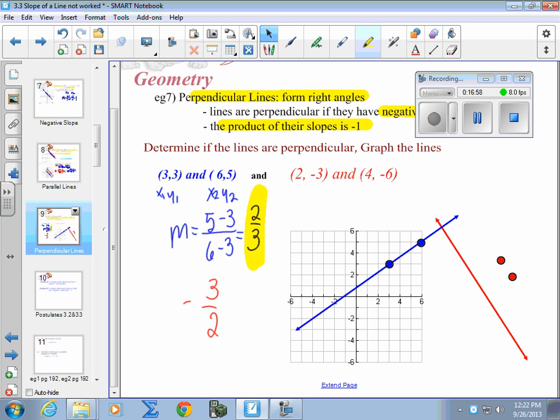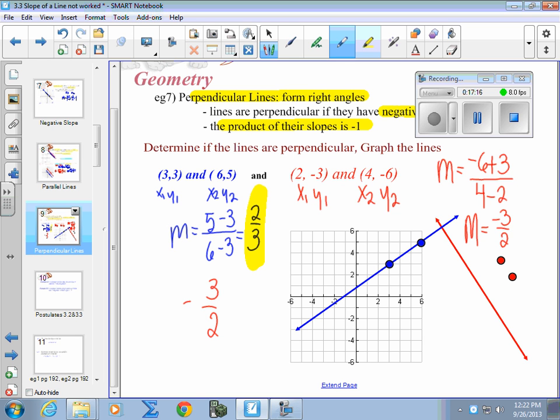So we need to find out if it is. We have x sub 1, y sub 1, x sub 2, y sub 2. So m is equal to negative 6 minus negative 3 over 4 minus 2. We get the slope of this line as negative 3/2, which is in fact the negative reciprocal. So because these are negative reciprocals, we know that these lines are perpendicular.